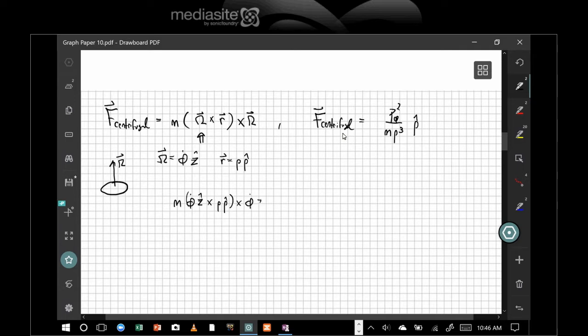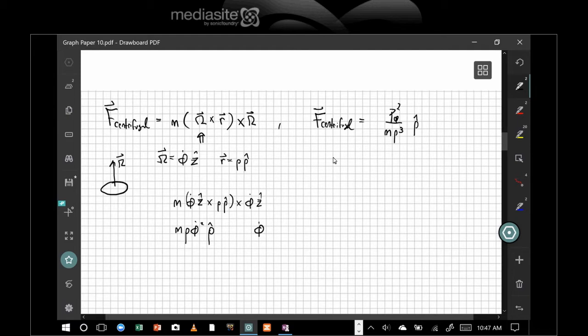Okay, that's my result. So basically what we're going to be doing is projectile motion problems using this force. Now let's talk a little bit more about this Coriolis and centrifugal term.